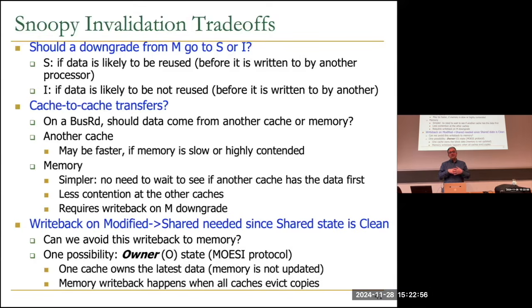But once you want to evict the data, who is responsible to update the memory? That's the thing you need to make clear, and that can happen with this owner attribute. Once you go to the shared state, one processor is responsible for this specific cache block to update the memory as well. So memory write-back happens when all caches evict copies, essentially.